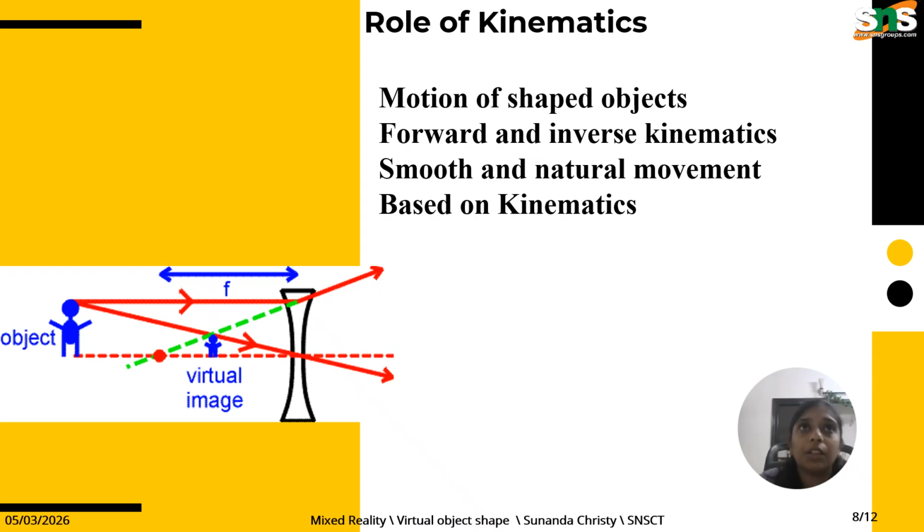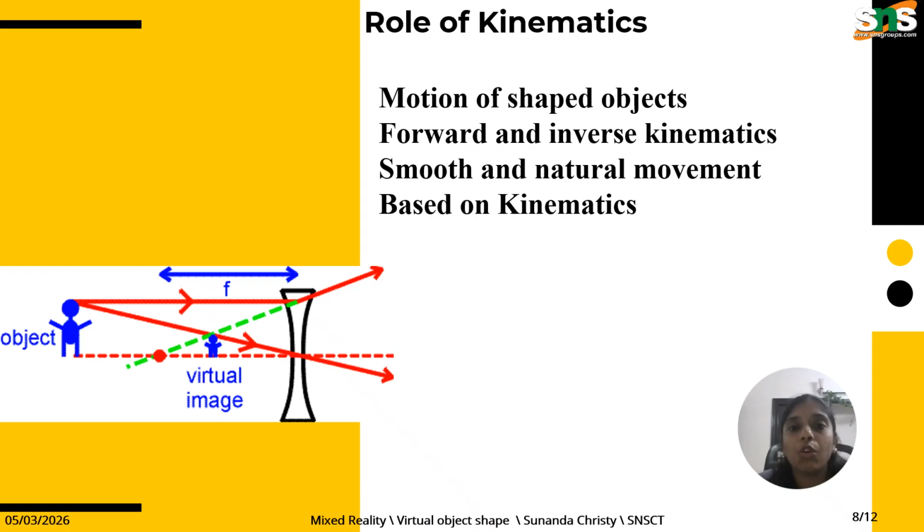Here in virtual object shapes, we use kinematics modeling. The main role of the kinematics model is the movement or motion of the shaped objects. If it is a cube, how the movement takes place in a cube and how it takes place in a sphere will be different. In that way, the movements of shaped objects differ.